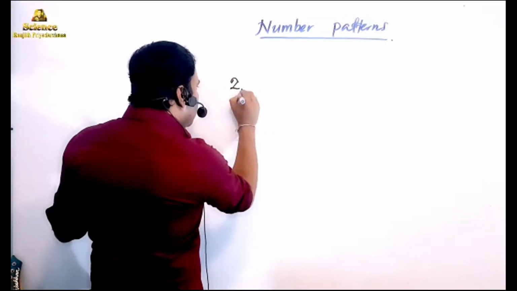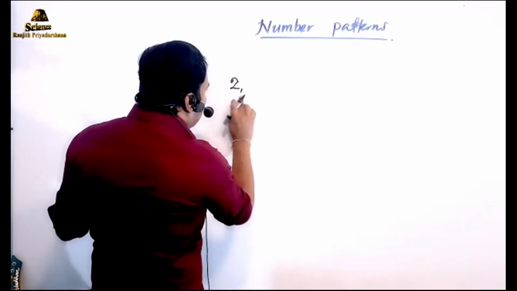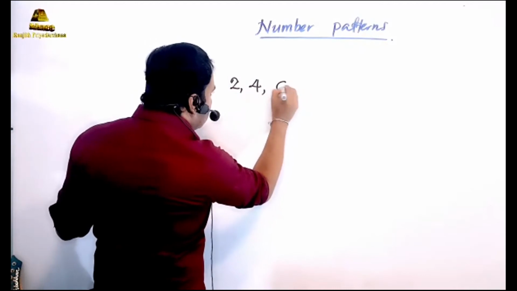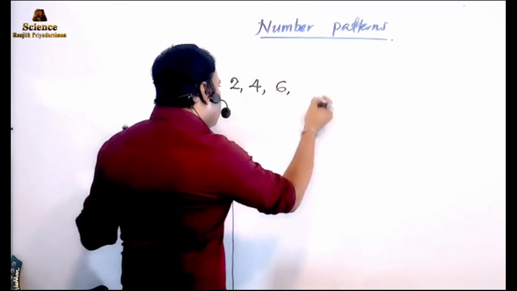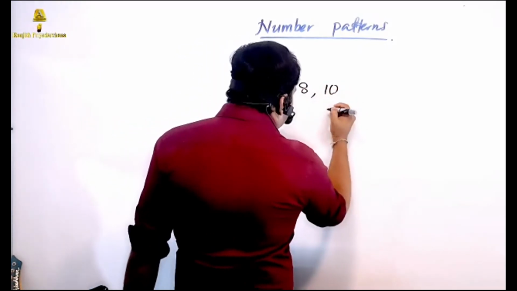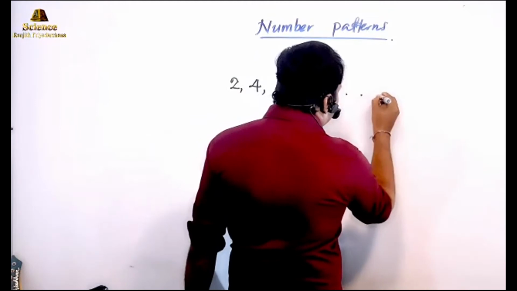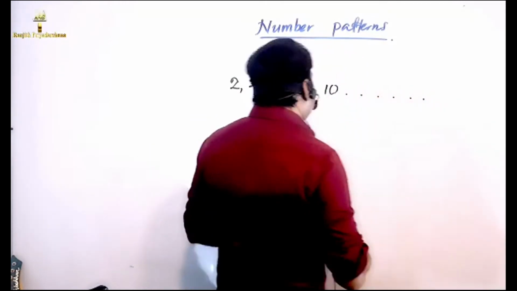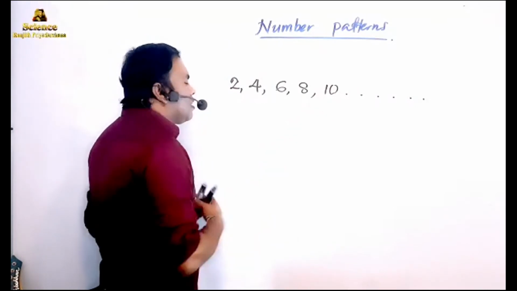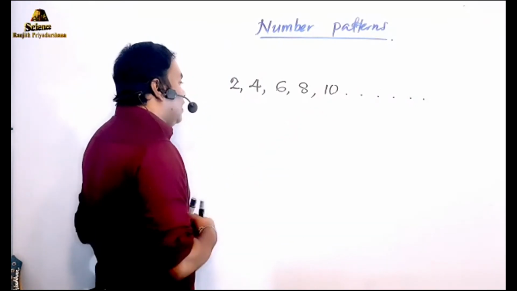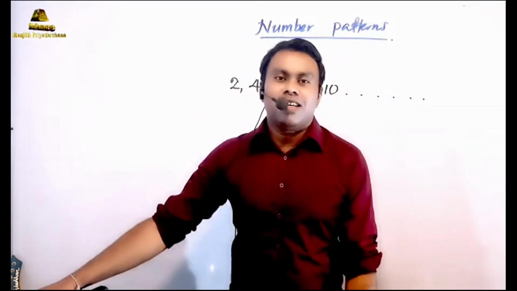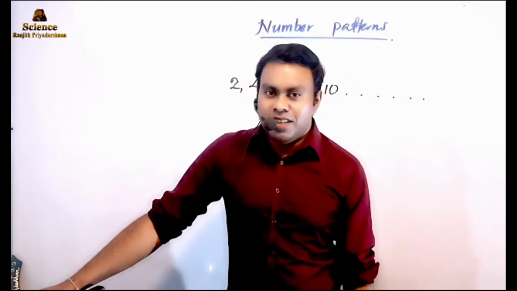I separate the numbers with commas. So 2, 4, very simple one, 6, 8, 10, and I put several dots because this is infinite. We can continue this up to infinity.